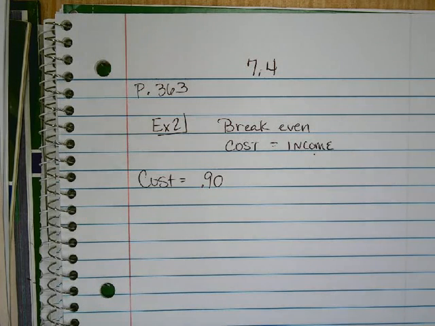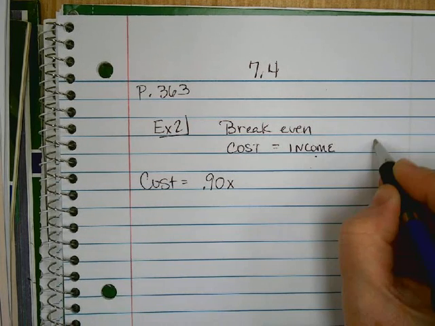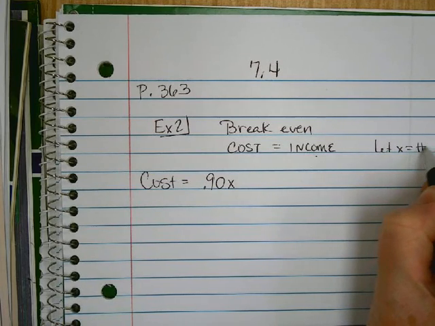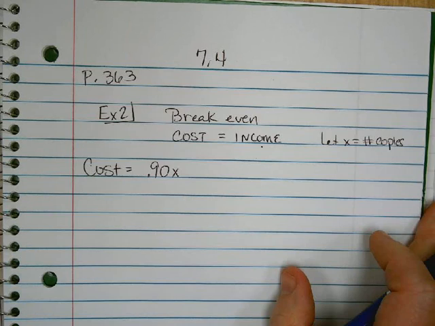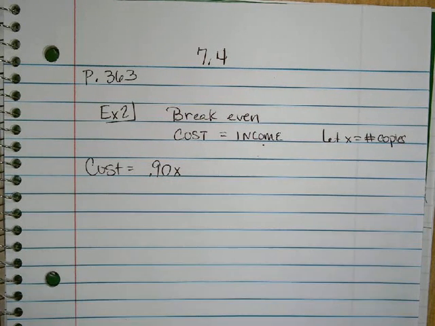Plus 600? What, Tom? It's 90 cents per copy. Every one that they run through the machine is 90 cents. So it's 90 cents times X. I'm going to let X equal number of copies, okay? 90 cents times X, and then what did you say, Jonathan? Plus 600.